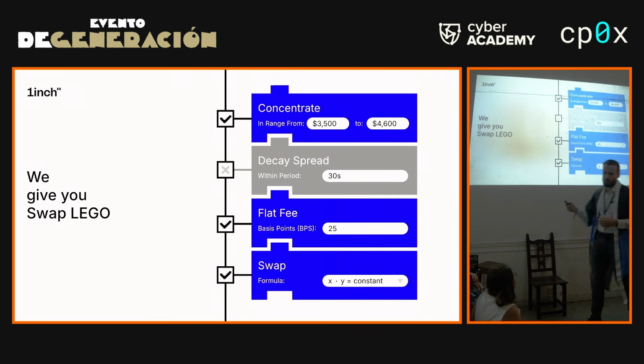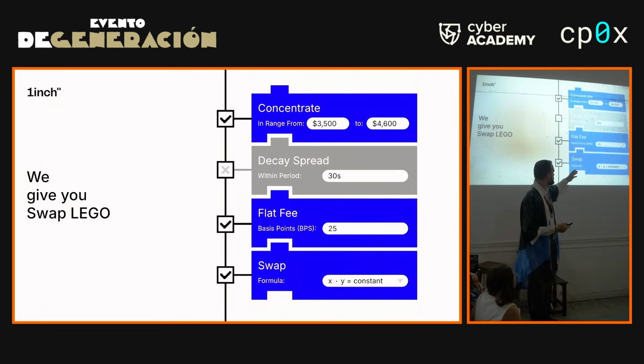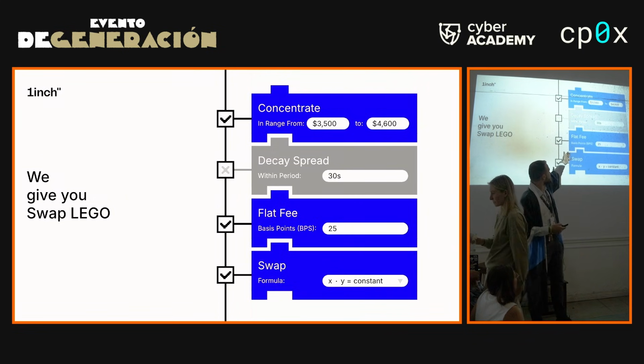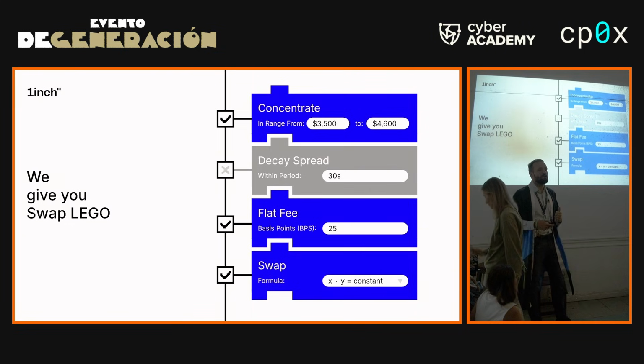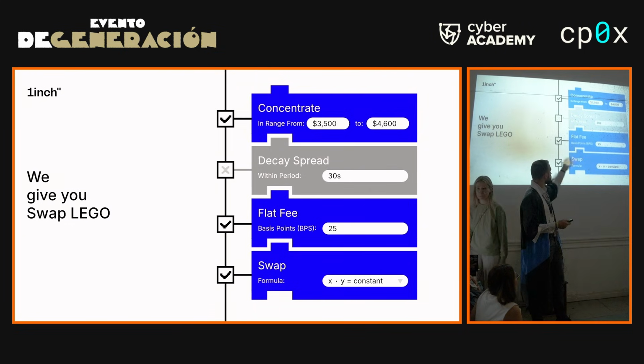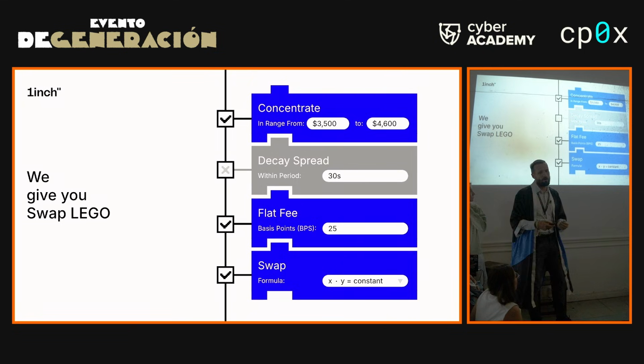If we start from the bottom, we would see that one of the instructions is implementing the swap formula. It could be a constant product formula or any other formula you would prefer. Next instruction is flat fee. You could configure this fee, or you could use a different instruction called dynamic fee or progressive fee, or any other instruction you could develop on your own.